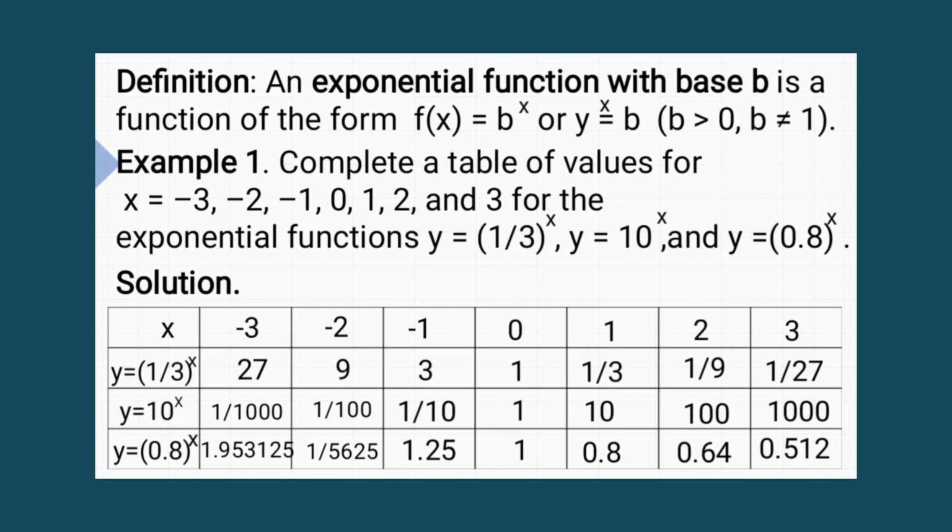So 0.8 raised to -2, the answer is 1.5625. And then 0.8 raised to -1. Since it's negative, get the reciprocal, so the answer is 1.25.